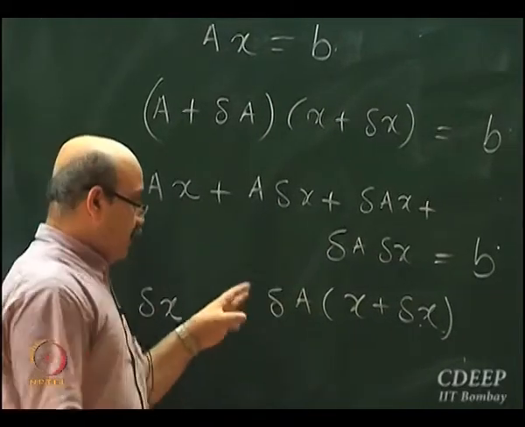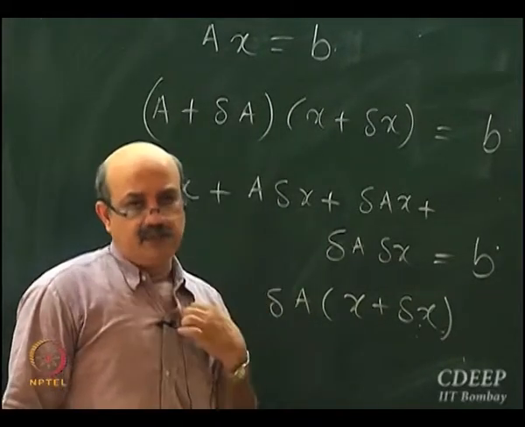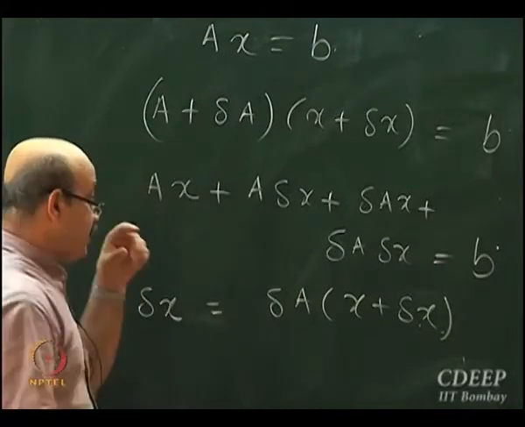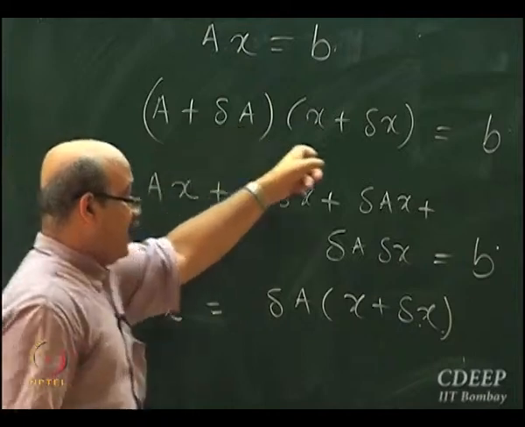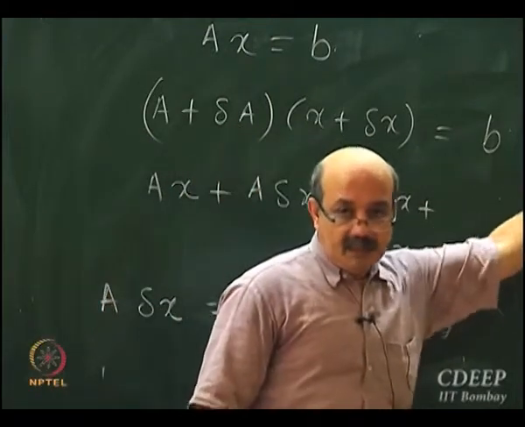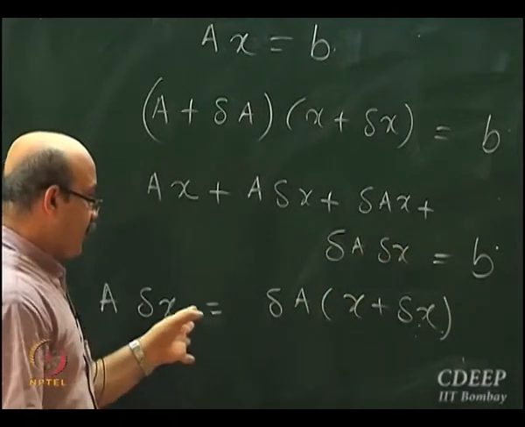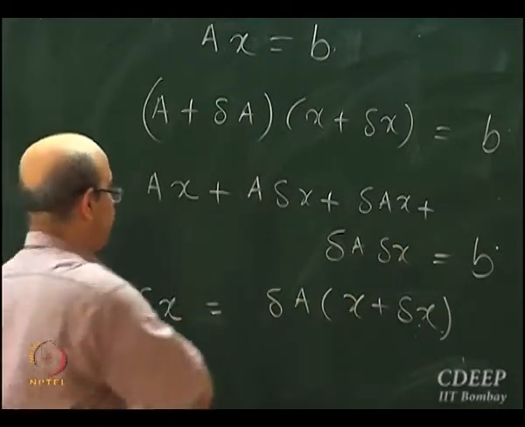Okay, the idea here is to give you the spirit of what is happening. As I said, it's possible to do a derivation where A plus delta A, x plus delta x, b plus delta b. I am avoiding that general derivation. I am just looking at two special cases. Now this you get by subtracting.